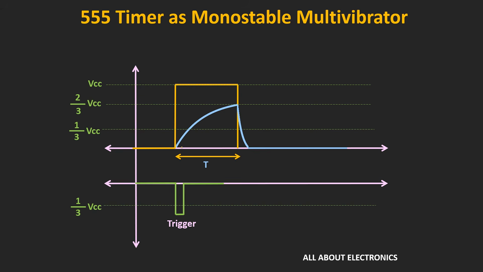And at that time the capacitor will start charging towards the VCC voltage, and as soon as the voltage across this capacitor crosses this 2/3 VCC voltage, then the output of the 555 timer will become logic 0, and immediately the capacitor will get discharged through the transistor. So in this way, after the triggering action, for a certain time period we will get the output pulse.